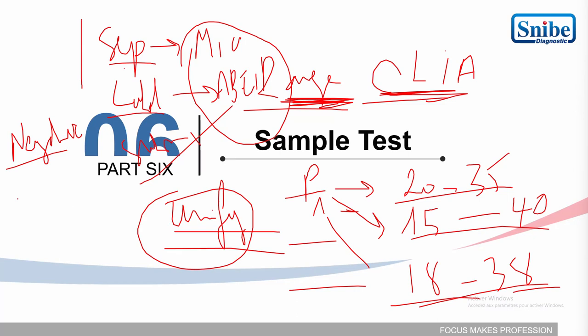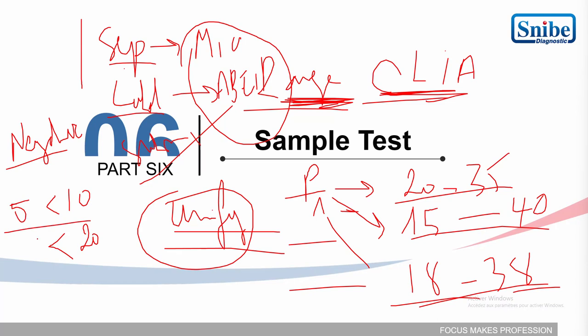For example, if for one manufacturer the requirement for negative is that the result should be less than 10, and for the second manufacturer it should be less than 20, then if we obtain here 5, it is negative.